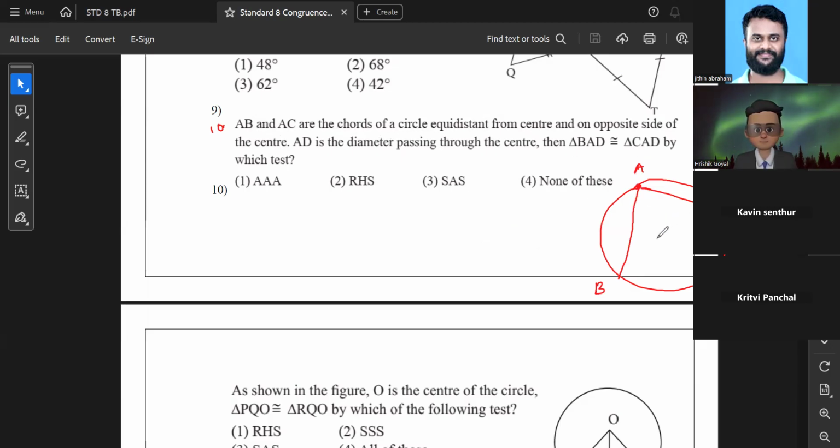They both are equidistant from the center. So this is the center, and this is the perpendicular distance. Distance is always perpendicular. Equidistant means both are the same. Okay, I have marked it. AD is the diameter passing through the center.